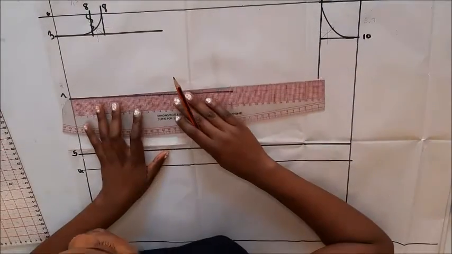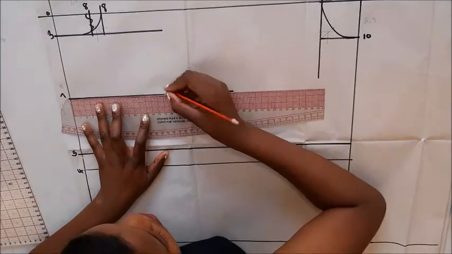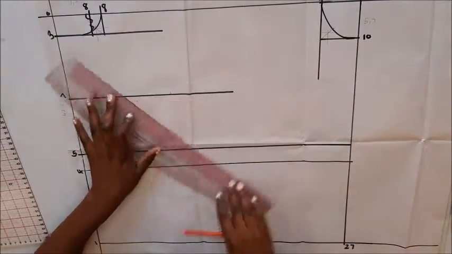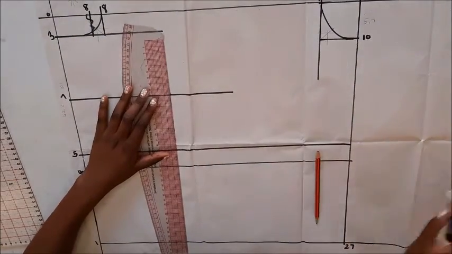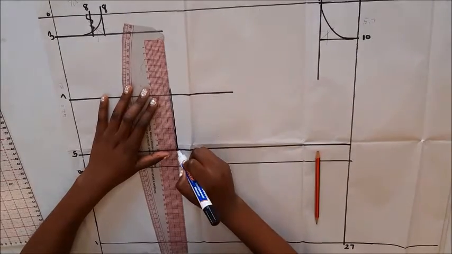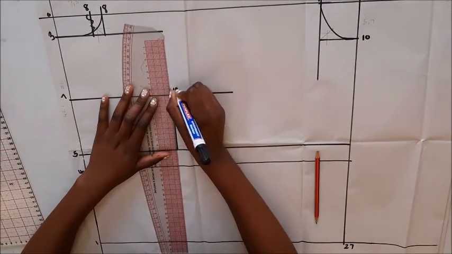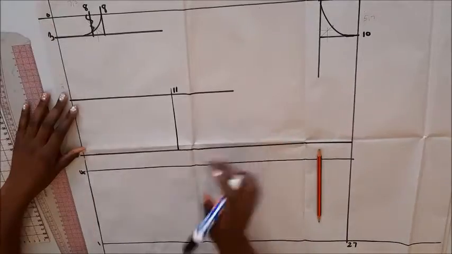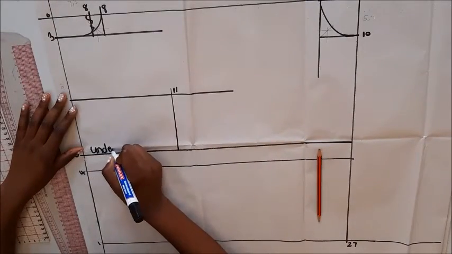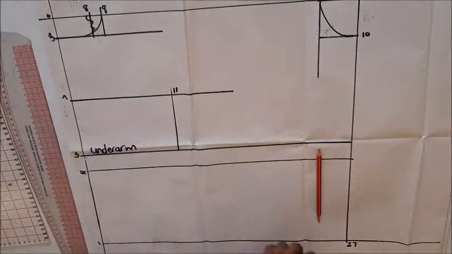The next thing that you want to do is measure half of the back width and put a point on that line, as you guys can see over there, and you want to square it down. And at that point, you want to write down that that is your underarm.